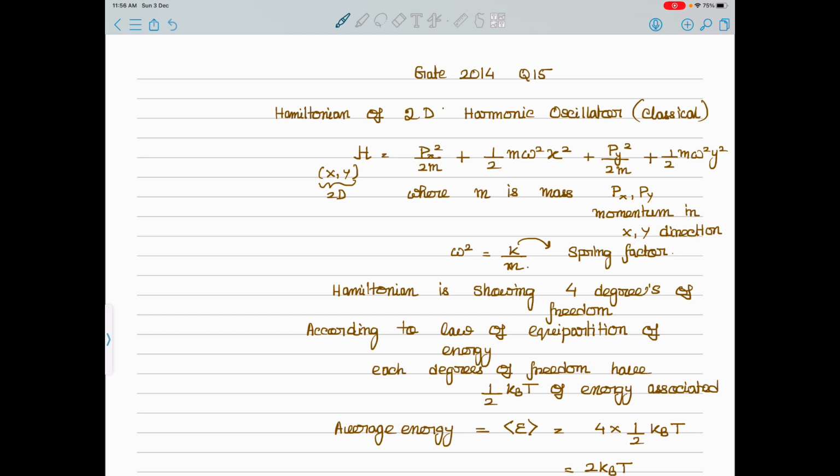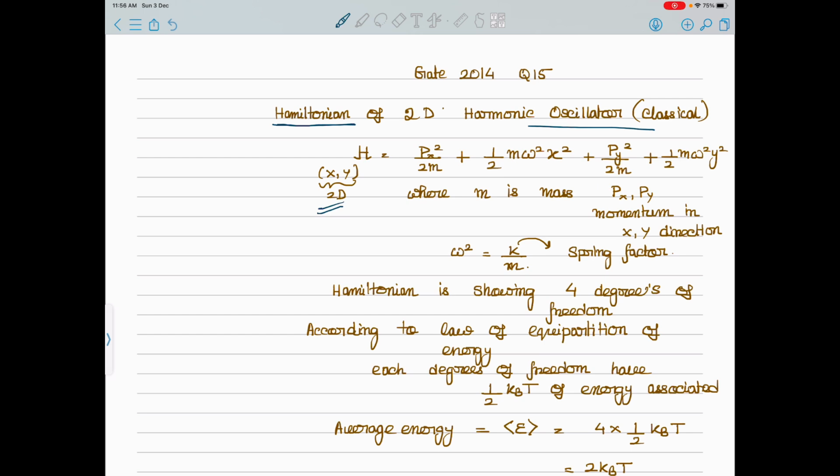First we write the Hamiltonian, or the energy, of the classical 2D harmonic oscillator, restricted to the X and Y dimensions.